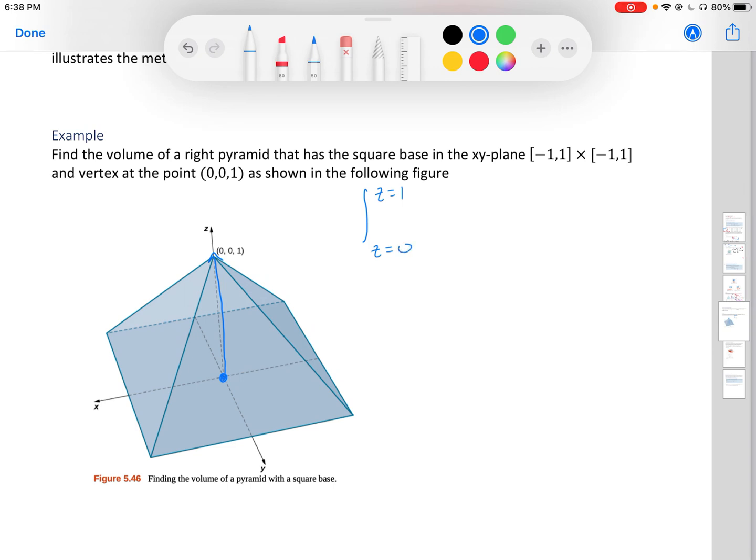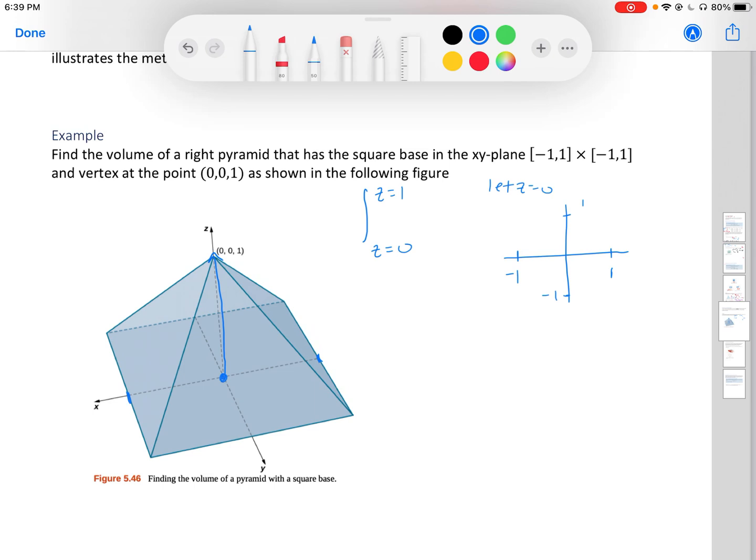And then I thought, okay, if that's the case, then I let z equal 0 and I'm left with the xy plane. But then I noticed x goes from -1 to 1, and y also goes from -1 to 1. So it kind of created a challenge to find the area of this one figure.